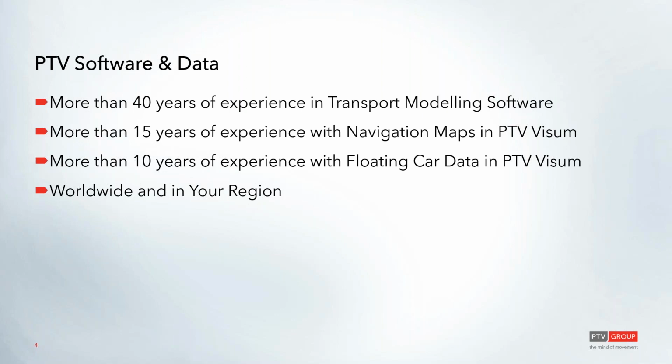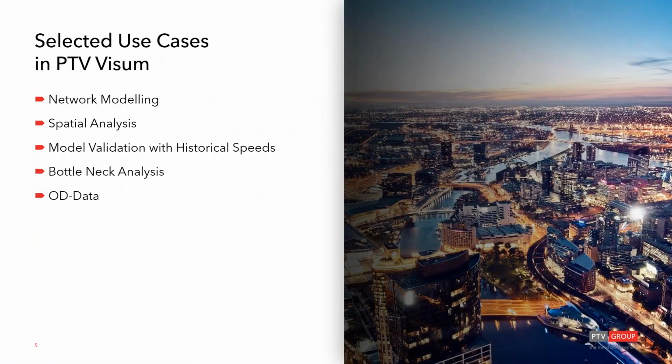Comprehensive floating car data has become available in the last decade, and our customers are using it in various use cases. So today we would like to give you some insights into that data. As I already said, network modeling and spatial analysis is the first topic.